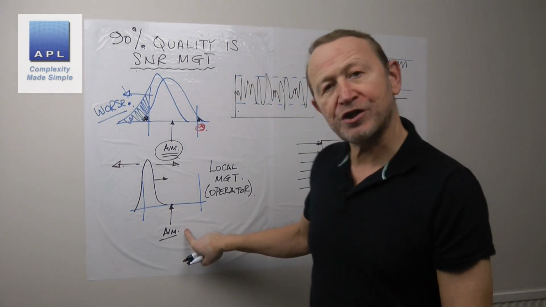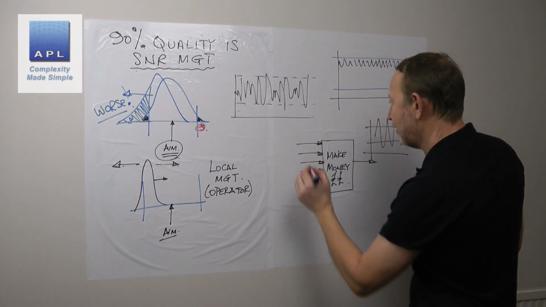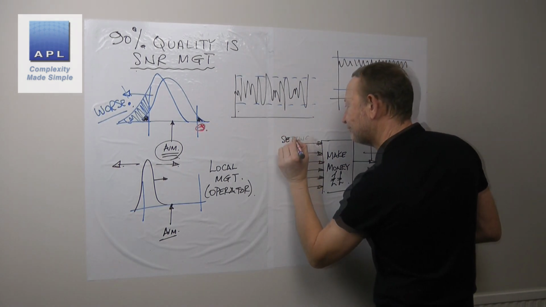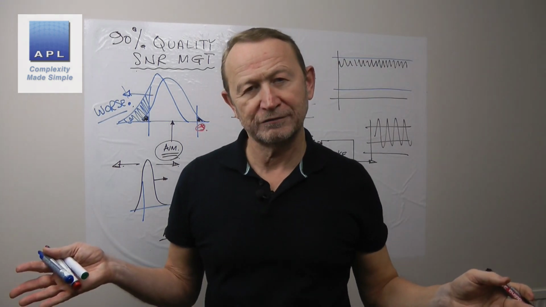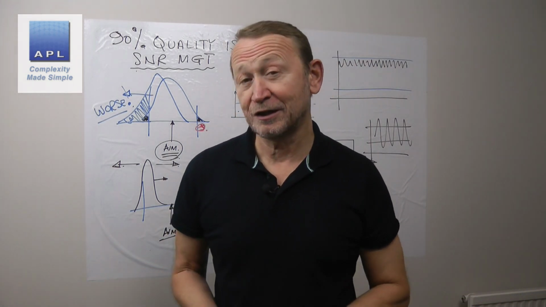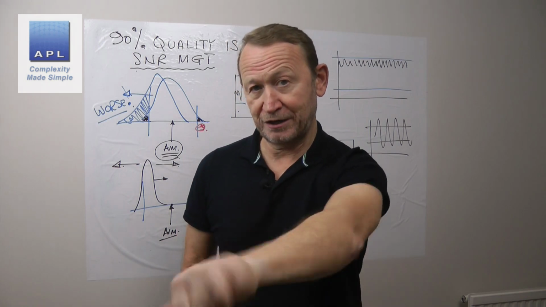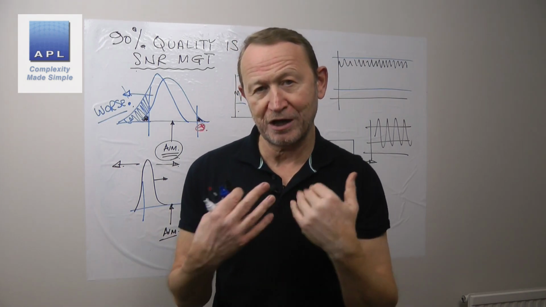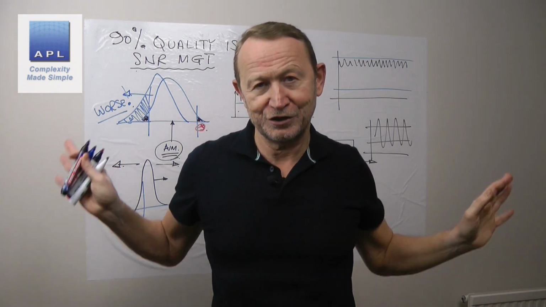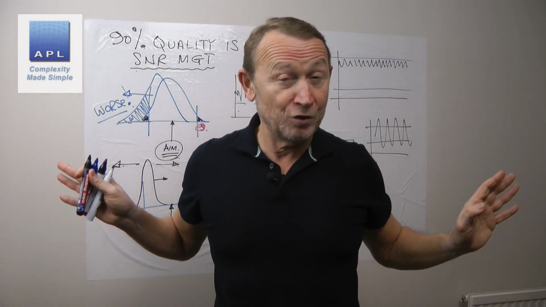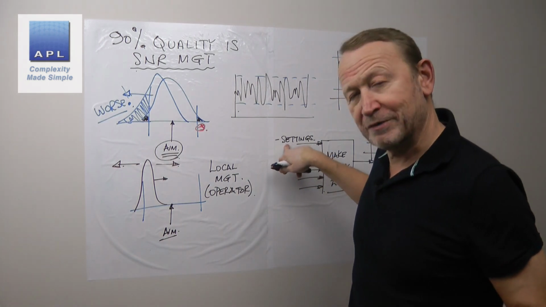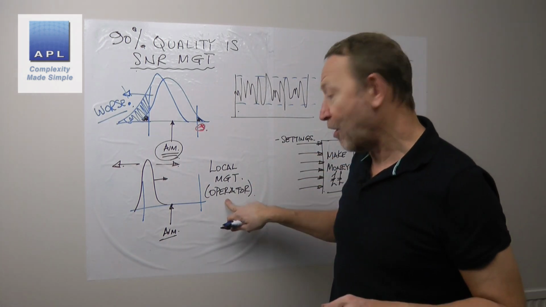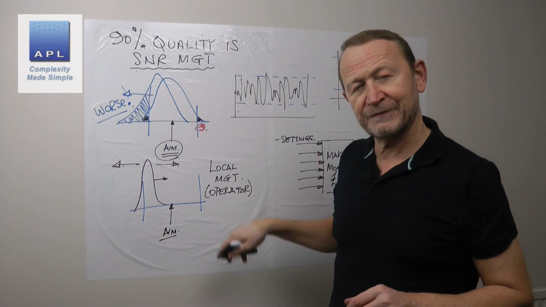Now, what's the operator in charge of? They're in charge of settings. Now, really, should settings move? Not really, because once you dial in a speed and a feed and a temperature and an angle or whatever, and you take your hands off, does it move? No. So there should be no variability as far as the operator is concerned.